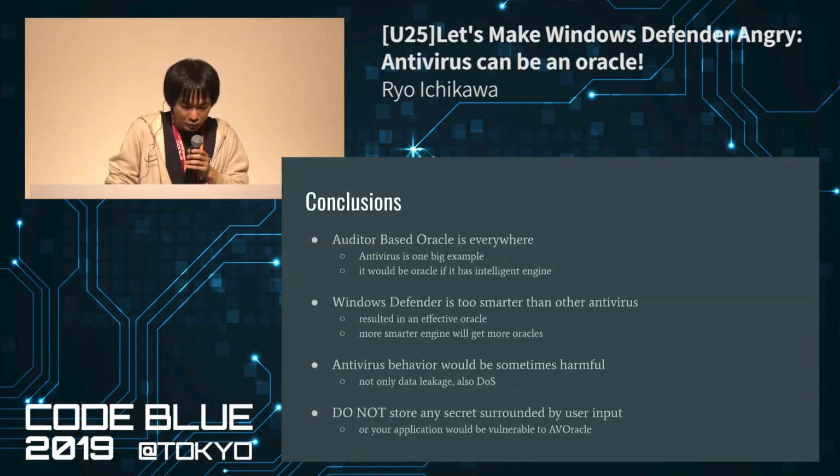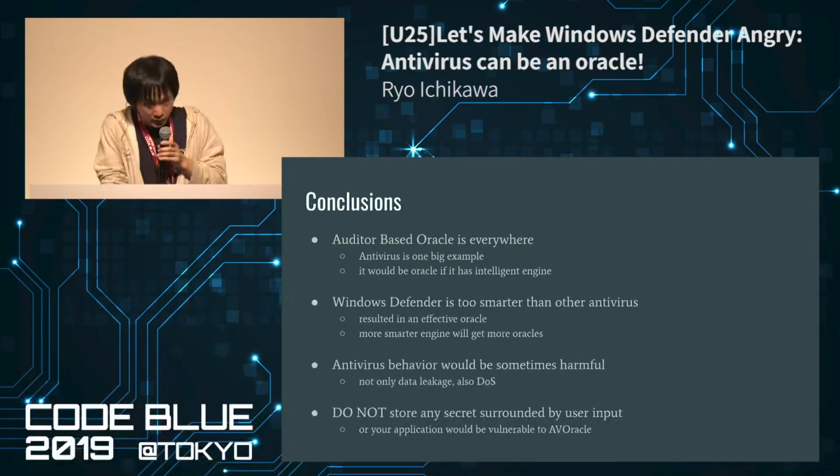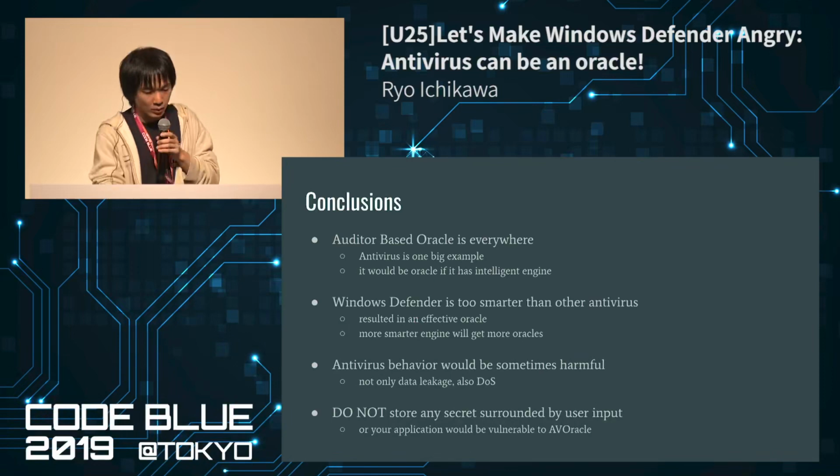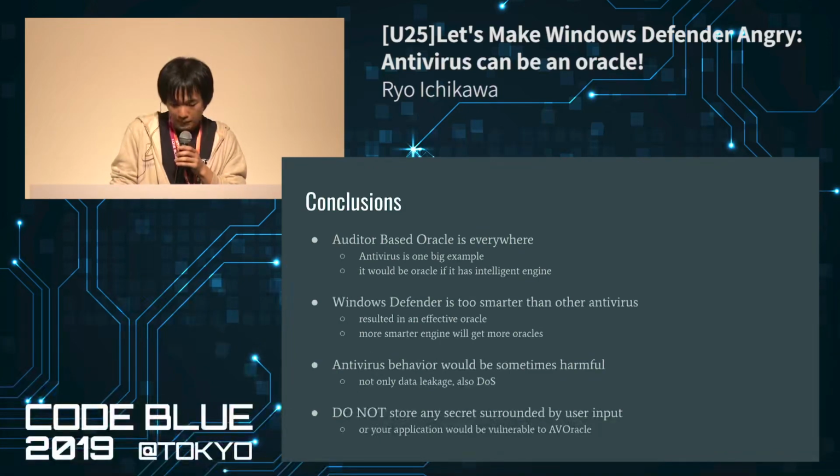Okay, so, conclusions. Auditor-based oracles, like cross-site search, of course, antivirus oracle is everywhere. And antivirus is one big example. It will be an oracle if it has an intelligent engine.